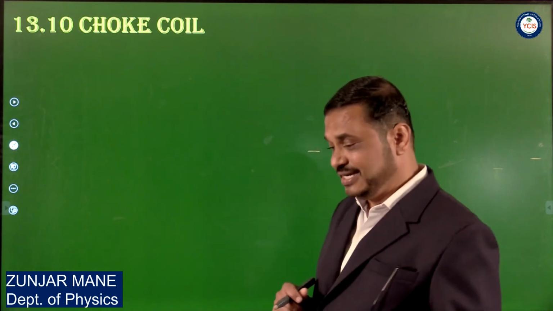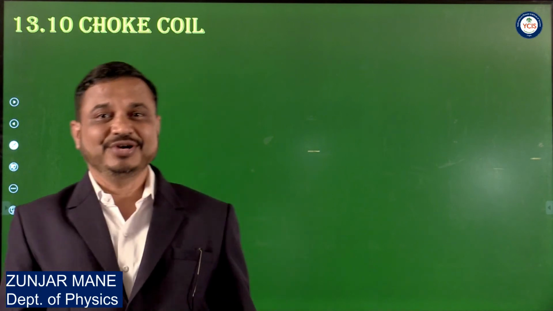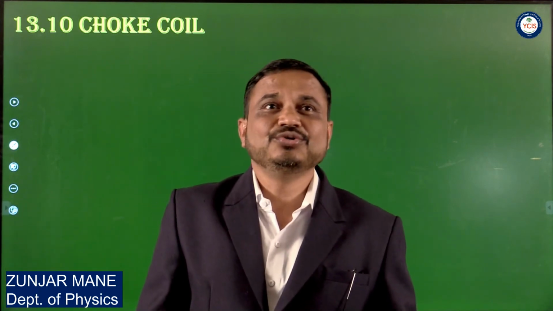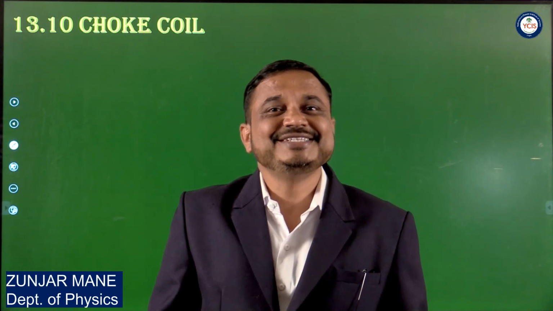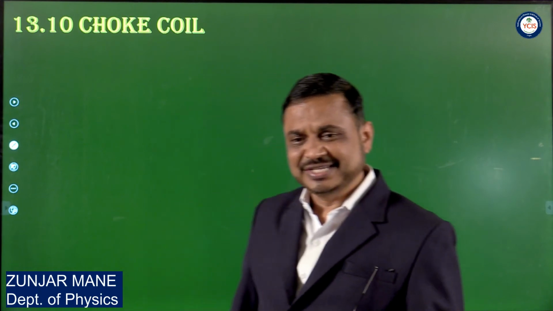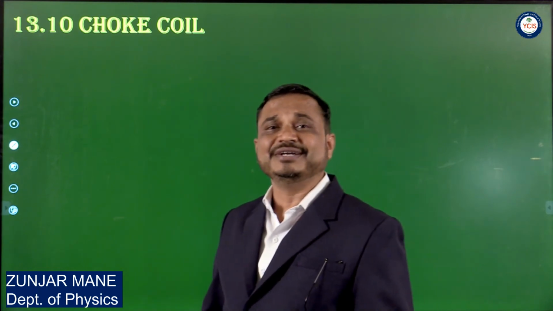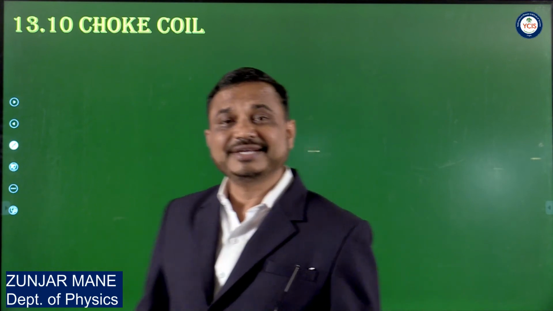And the last article from this topic is the choke coil. We know that to minimize the current flowing through a DC circuit, we apply resistance. So resistance opposes the flow of current, or minimizes the current flow through the component or electric circuit.